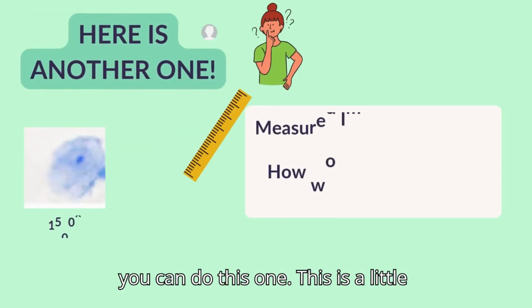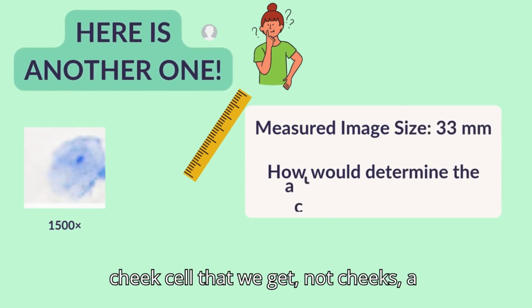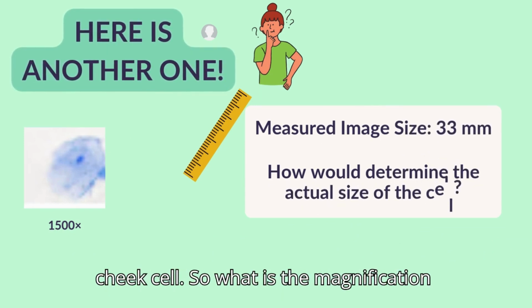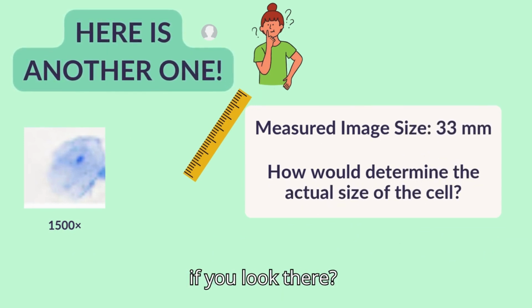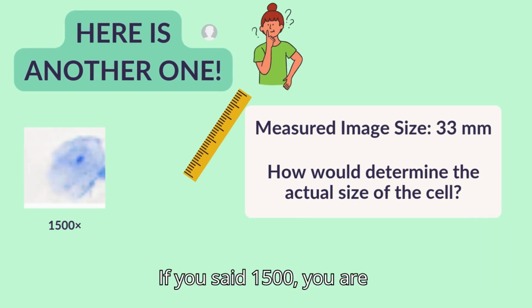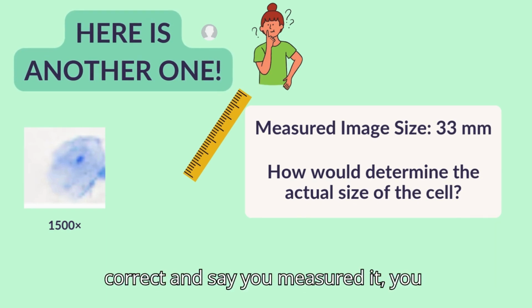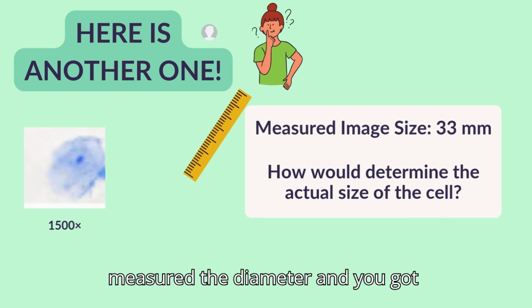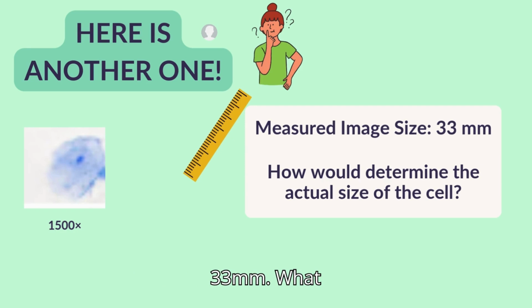Now let's see if you can do this one. This is a cheek cell. What is the magnification if you look there? If you said 1,500, you are correct. Say you measured the diameter and you got 33 millimeters.